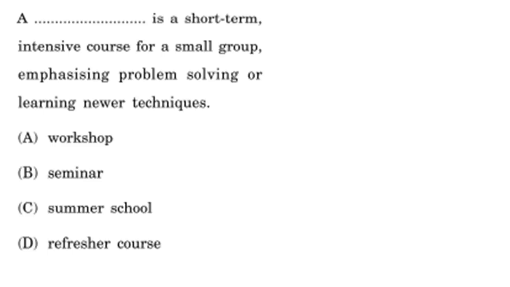Now we have A workshop and B seminar. The statement suits a seminar, but seminar is used in broader terms and has other activities also. A workshop is a part of a seminar, but it is specific to problem solving and learning newer techniques. So the option here is A, workshop.